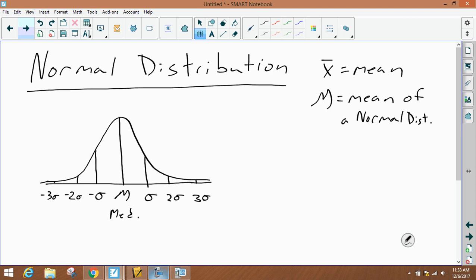All right. Some properties of this. The area underneath this curve is equal to 1. Another property, like I just said, it is exactly symmetric.